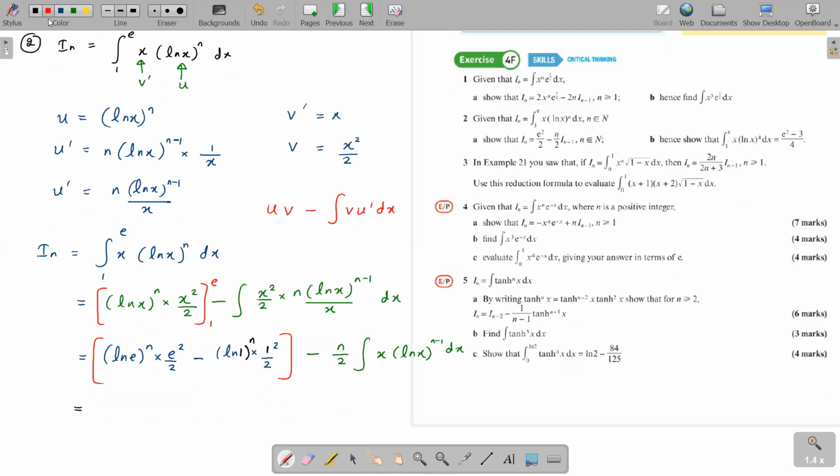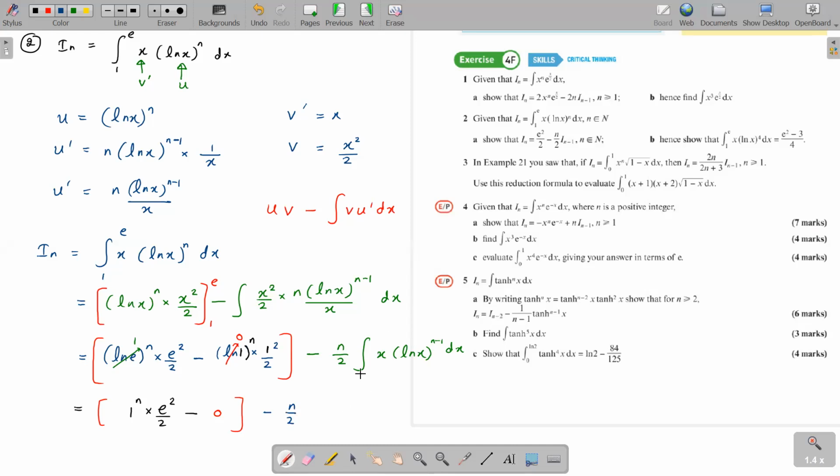Inside the big bracket, I get ln e is 1. So basically, I get 1 to the power n into e square over 2 minus, what about ln 1? Ln 1 is a 0. So basically, multiply anything with 0 is a 0. Close the bracket. Minus n over 2, the integral of x ln x to the power n minus 1 with respect to x.